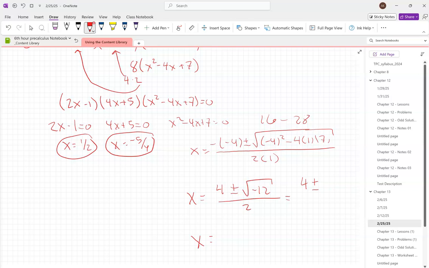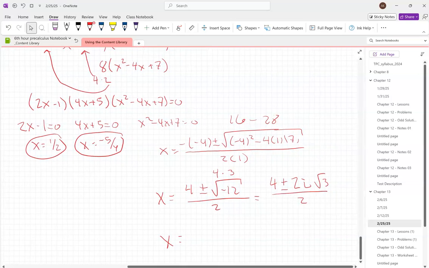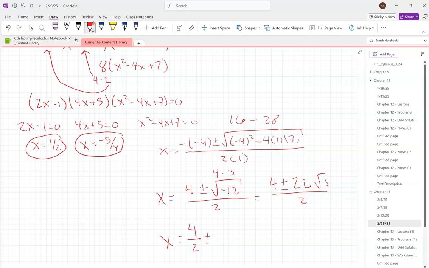Now, because it's negative, we're going to get an i, right? And if I think about 12, that's 4 times 3. The square root of 4 is just 2, but the square root of 3 we can't do anything with. So we have that. And then I can reduce that a little bit if I think about these as 2 fractions with a common denominator of 2. So 4 divided by 2 is just 2, and then I can reduce that.